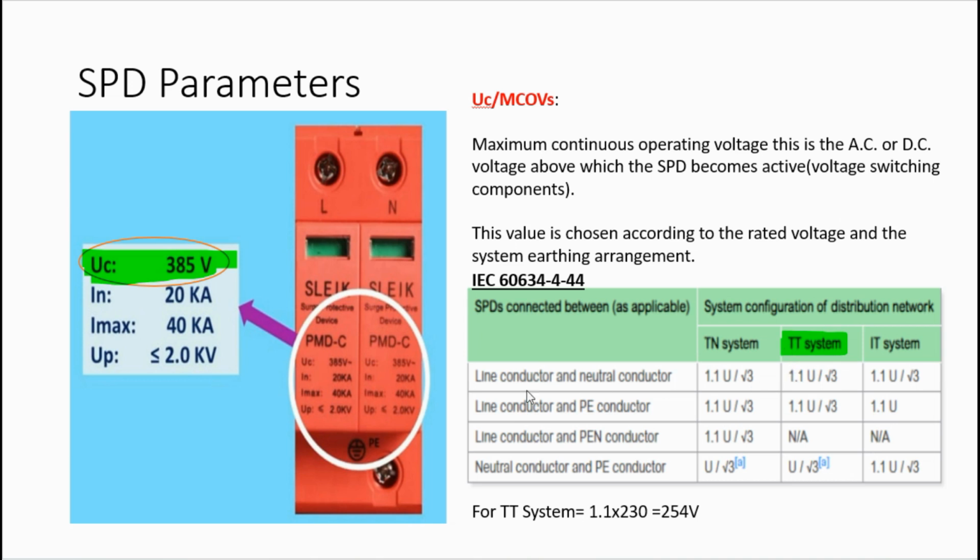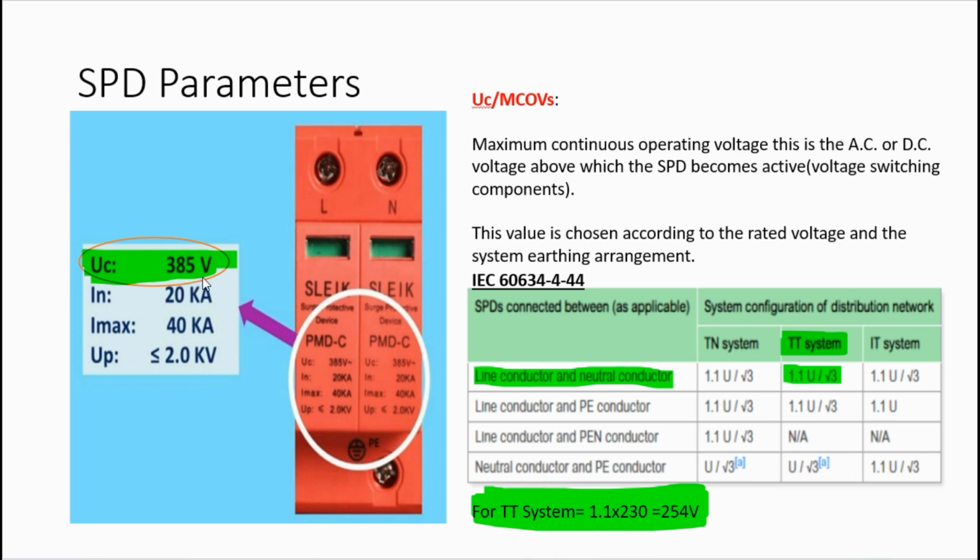For the TT system, from line conductor to neutral conductor, it is 1.1 times the phase voltage divided by root 3. So if we calculate for the TT system, it is 254 volt, right, for our system. But for the sake of learning, the SPD selected here is 385 volt.